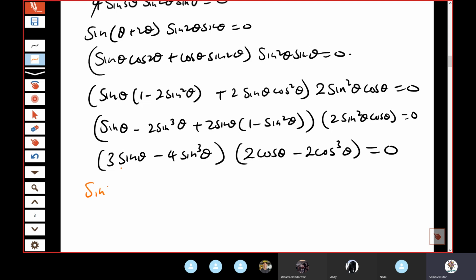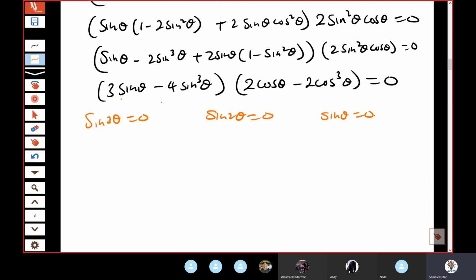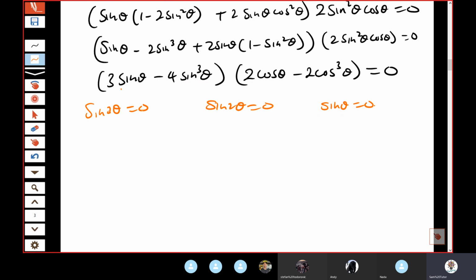So we're going to have sine 3 theta equals 0, sine 2 theta equals 0, and sine theta equals 0. Then you'll get your answers from this. Otherwise, I'm going to continue the way I did it as well, since I'm already all the way here. Sine theta, you would factorize it out, just for those who want to see the answer. And then cos theta, factorize it out.